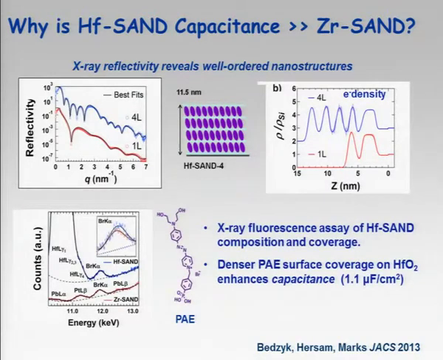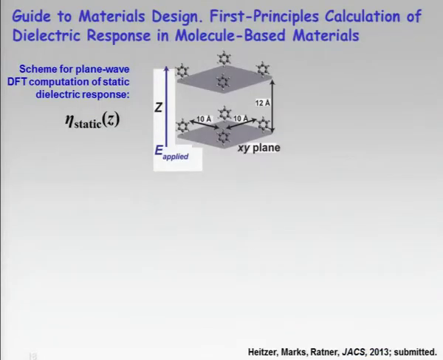And this just shows you its X-ray fluorescence, that the hafnium oxide absorbs a little more of the organic than the zirconium does. So at this point, you might be thinking, well, isn't there some guidance in terms of how do you make one of these high K nanoscale dielectrics?